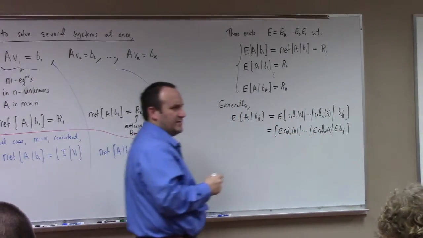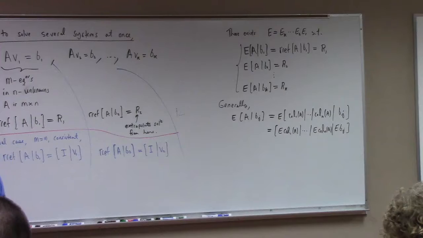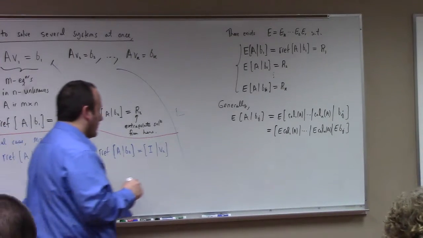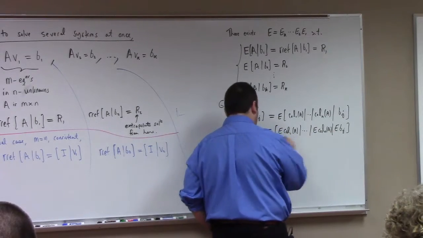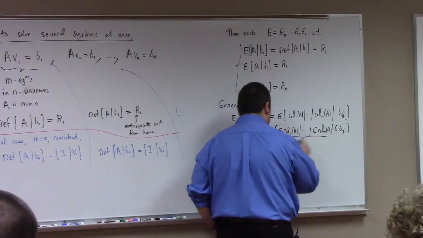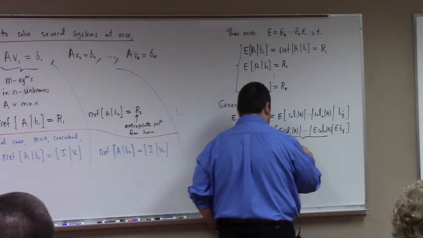I'm not done the grading yet. I'll find out soon. Don't answer me if you did it or not. Okay, so great. But this, of course, we could rewrite as just EA and EBJ.